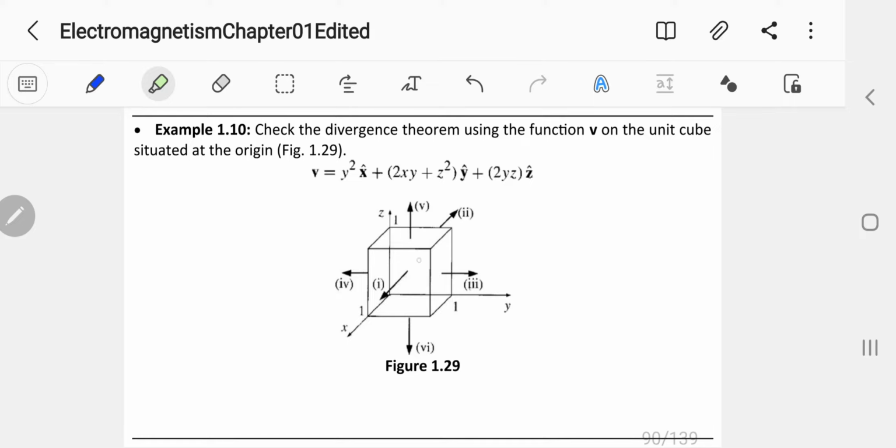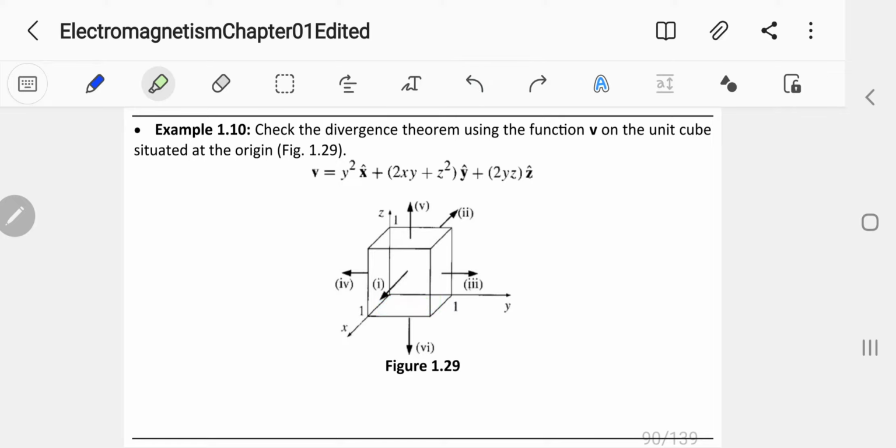So you have a volume here, which is bounded by 6 surfaces. You have surface 1 here, and then surface 2 at the back, and you have surface 3 on this side, and surface 4 on this side, surface 5 at the top, and surface 6 at the bottom here.